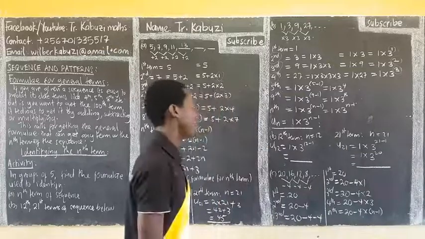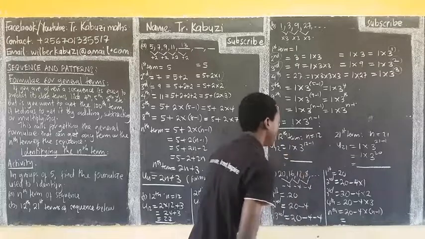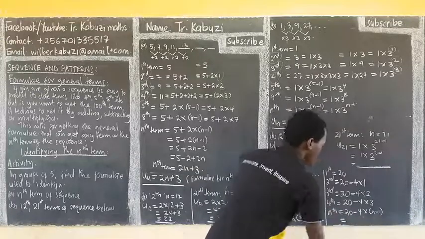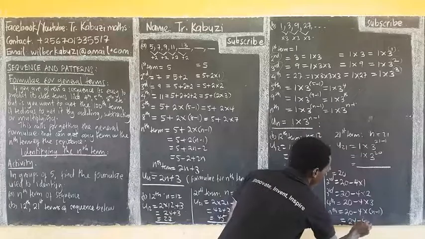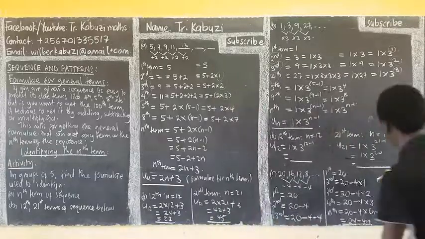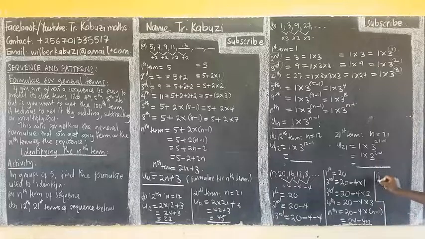Then when you simplify that, negative 4 times negative 1 gives a positive. We'll be having 24, then minus 4n, and now this is the formula for that. So therefore, our Un is going to be 24 minus 4n. Then you can get other terms.